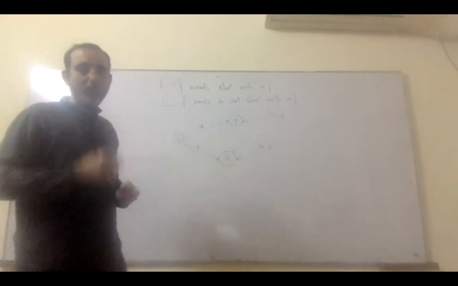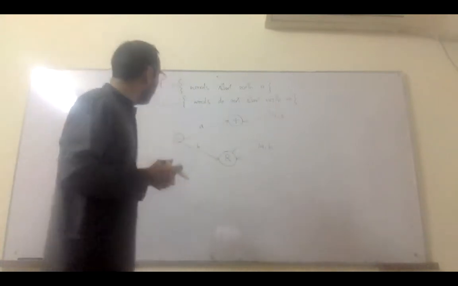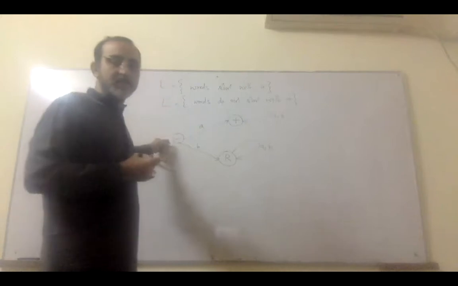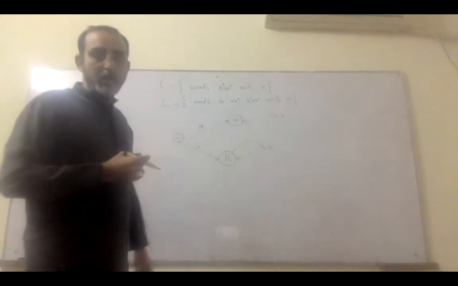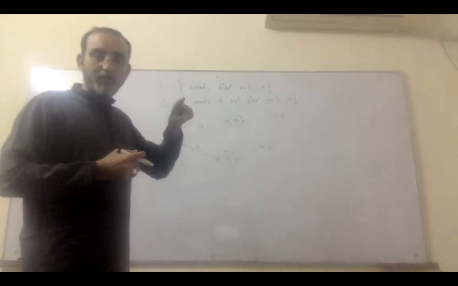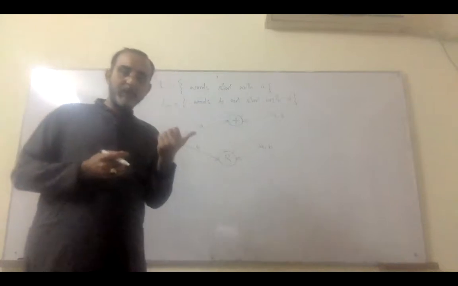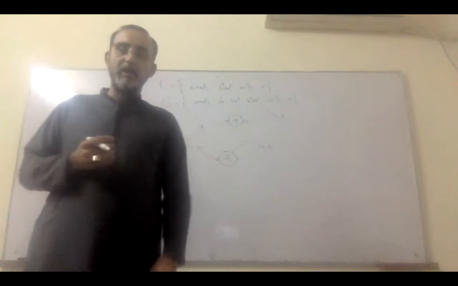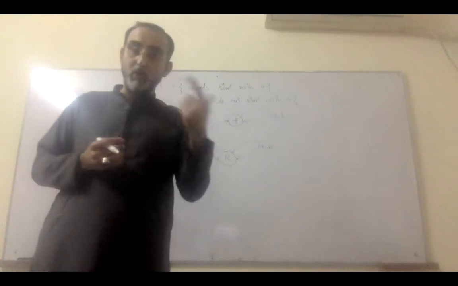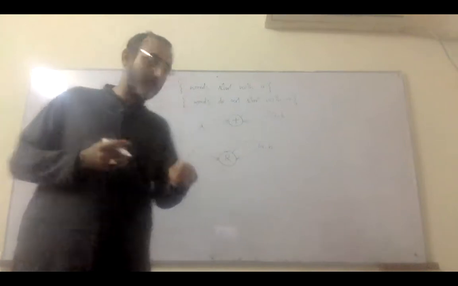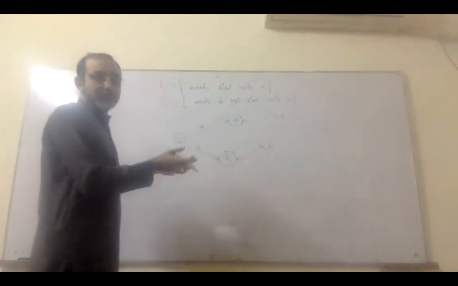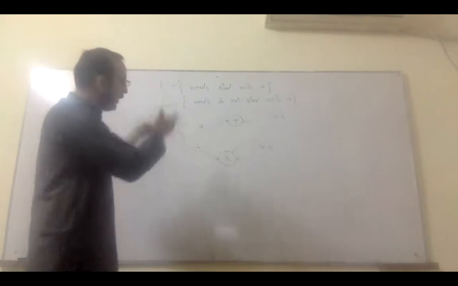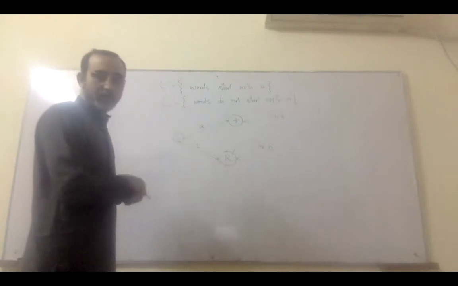Now I have to convert this DFA into its complement form, and I have two steps. The first step is the conversion of final states into non-final states, and the other step is the conversion of non-final states into final states. So this is the DFA, which is already on the whiteboard.